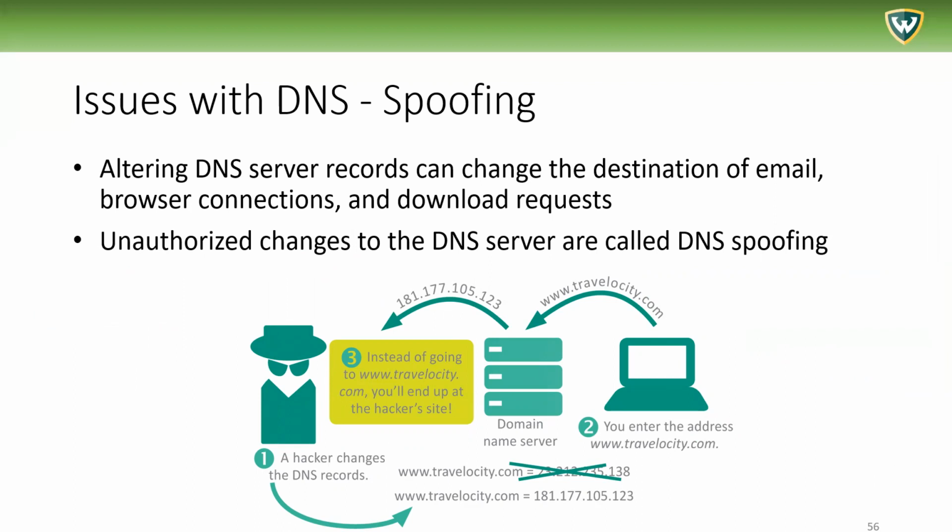Altering domain name system server records can change the destination of your email or browser connections or download requests. So for example, if somebody can hack a DNS record that changes the IP address of a site, let's say Travelocity, so instead of the original site, they put a fake site there.